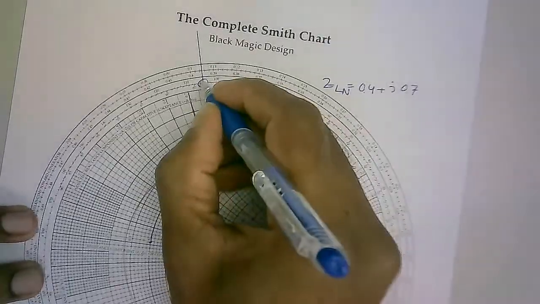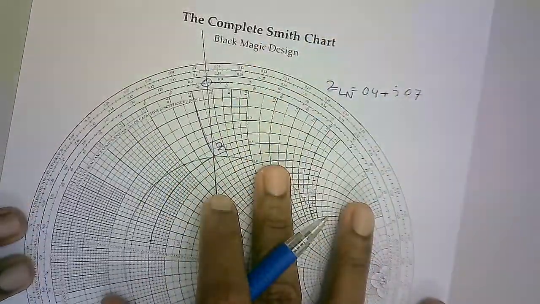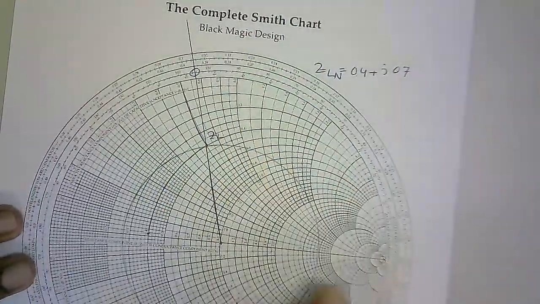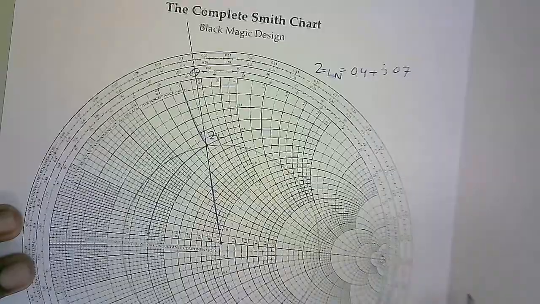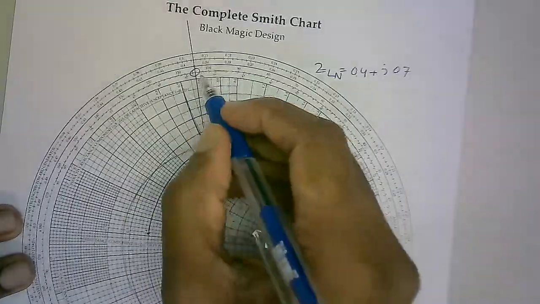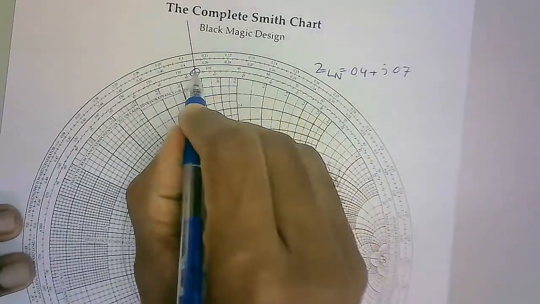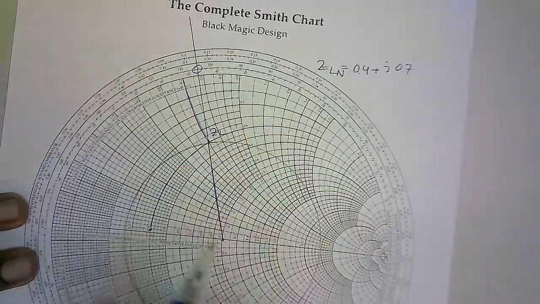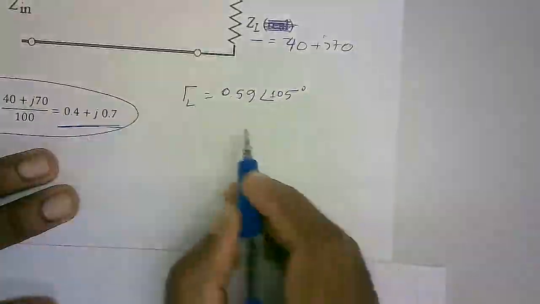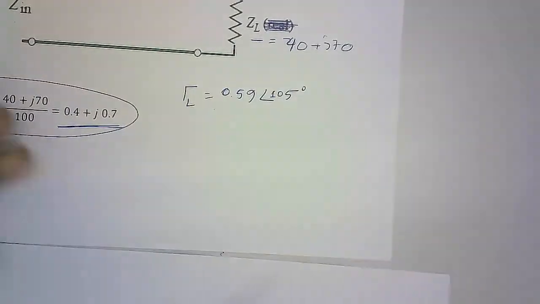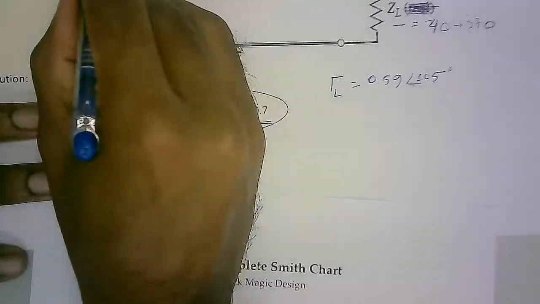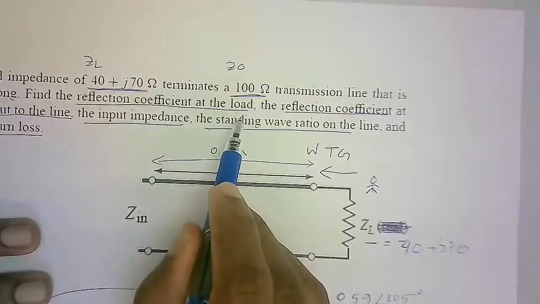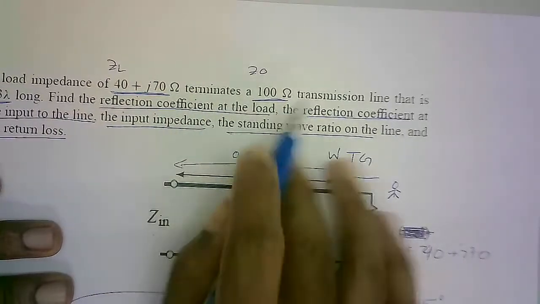Remember one thing, that you should always find the incremental value. Whatever it coincides with here, you will take it. So this one is done, right? Our first value, the reflection coefficient at the load, is done.